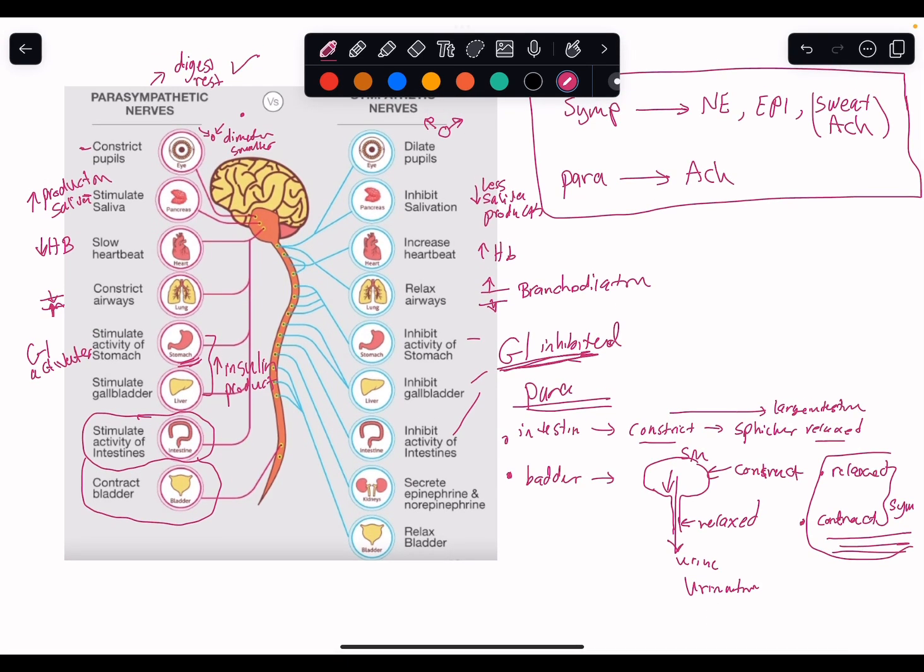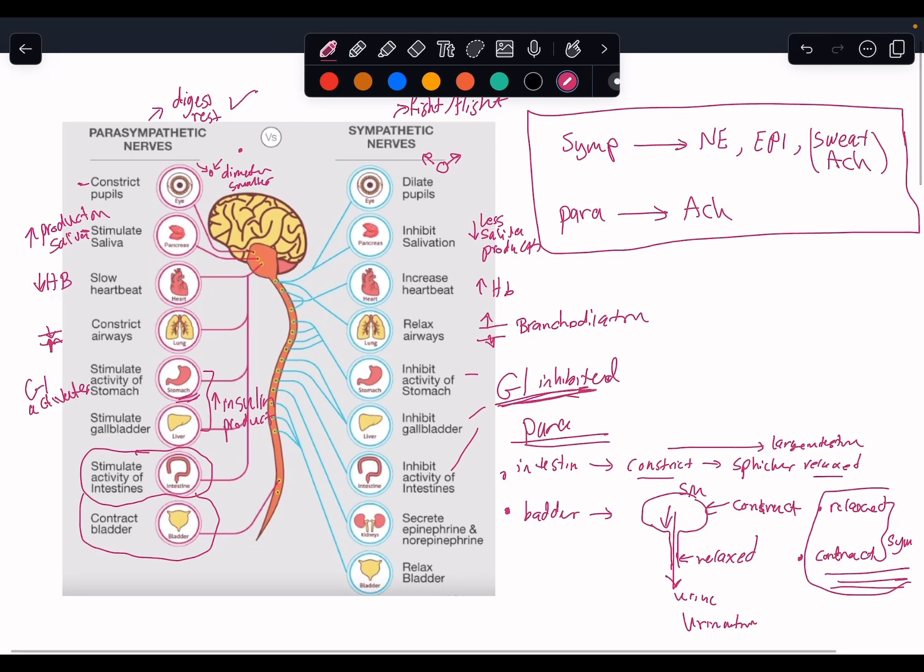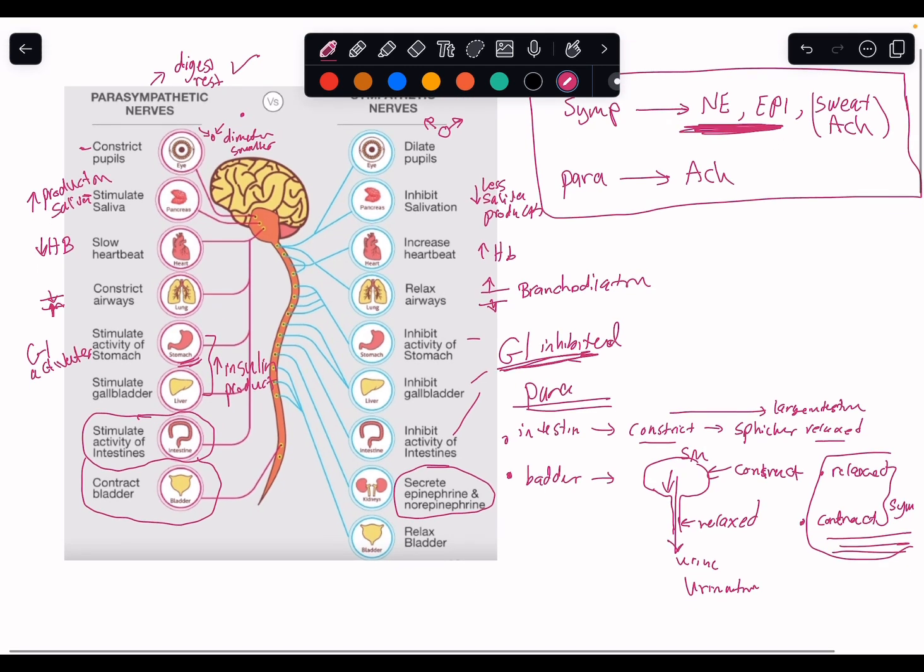Then, as I said in the beginning, the secretion will be epinephrine and norepinephrine, and also for the relaxation of the bladder, as I said here, if this is relaxed, it means this sphincter will contract.